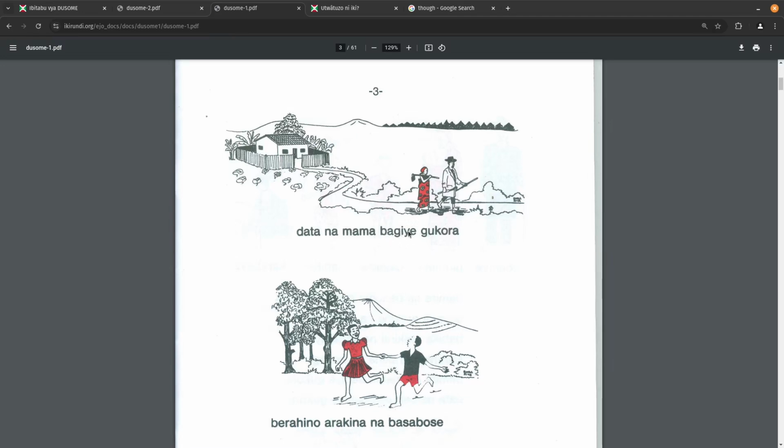Bagiye is plural, so it means mom and dad went. Gukora means to work. Data na mama bagiye gukora. Mom and dad went to work. And as you can see, they're leaving the house and going to work.